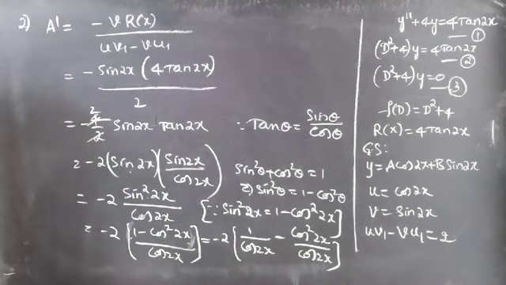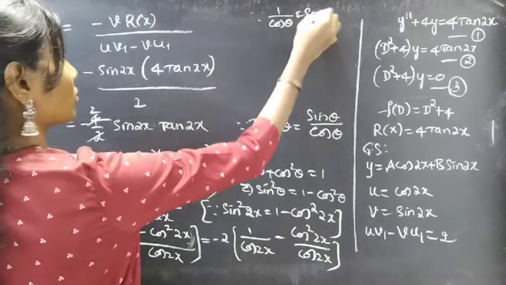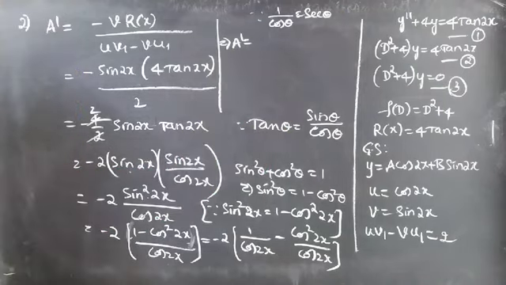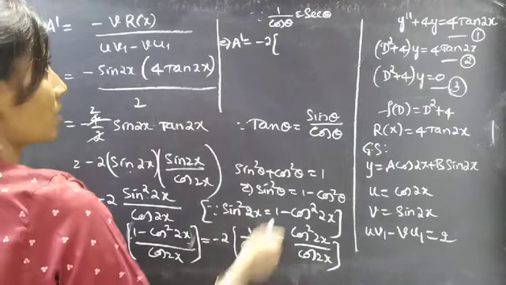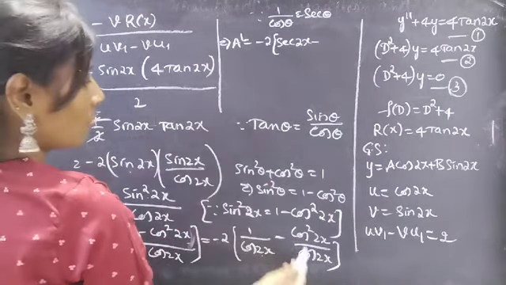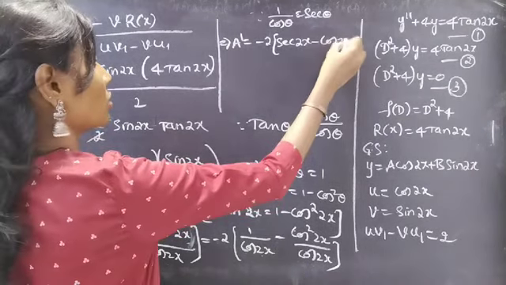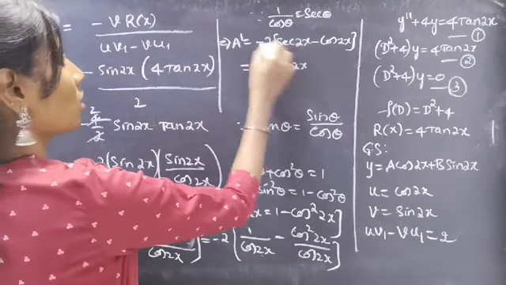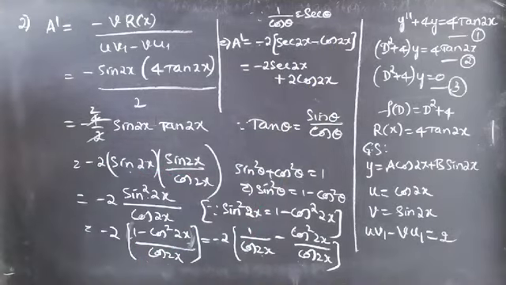Since the reciprocal of cos theta is secant theta, we get a dash equals minus 2 times the reciprocal of cos 2x, which is secant 2x, minus, if one cos 2x cancels from the numerator and denominator, just cos 2x, or minus 2 secant 2x minus into minus plus 2 cos 2x.